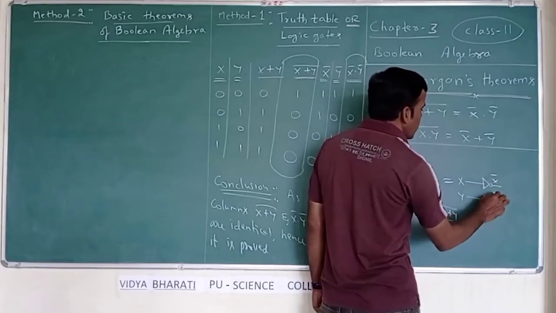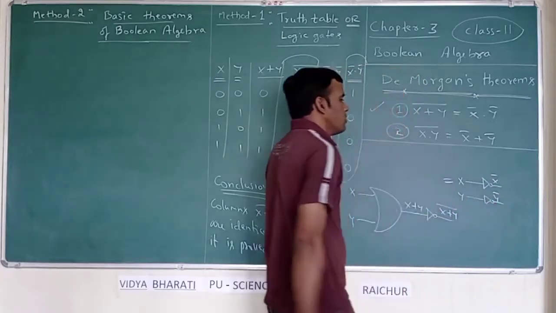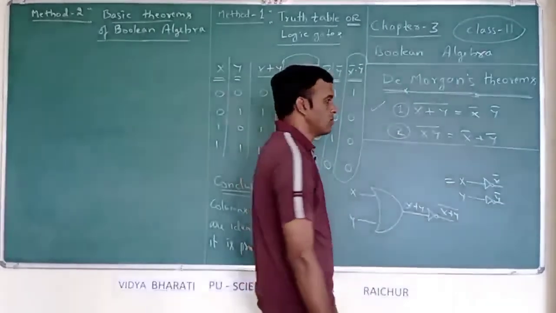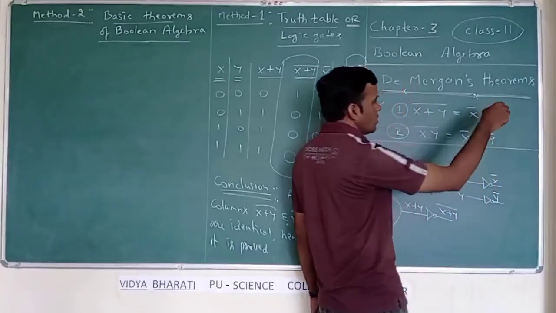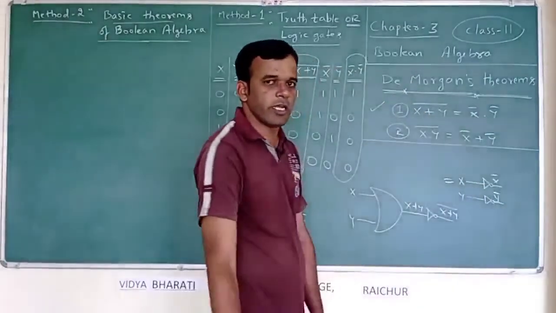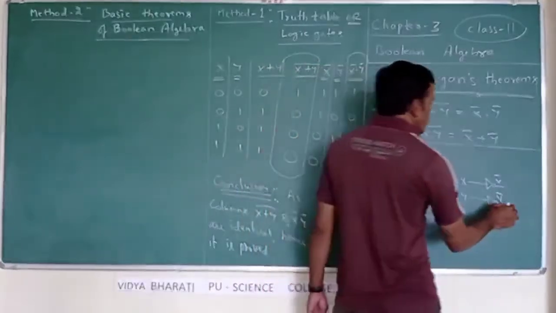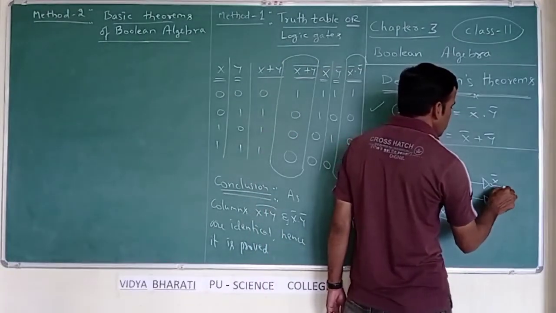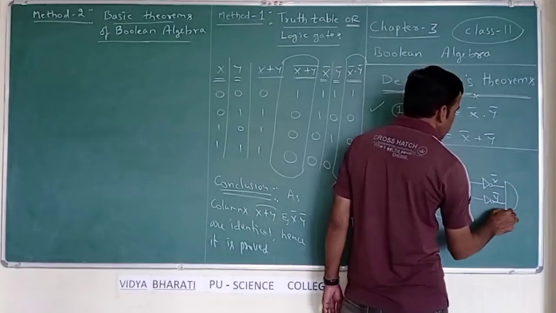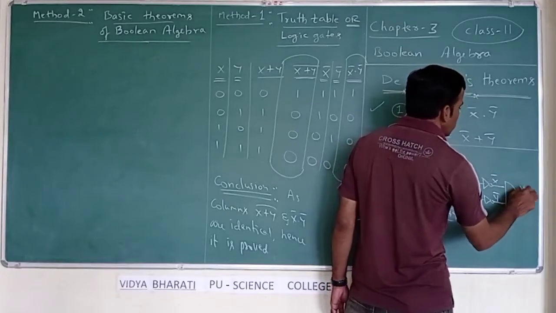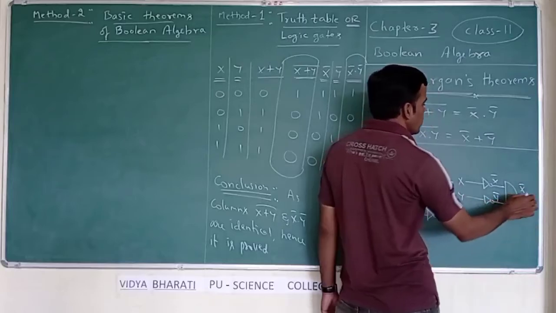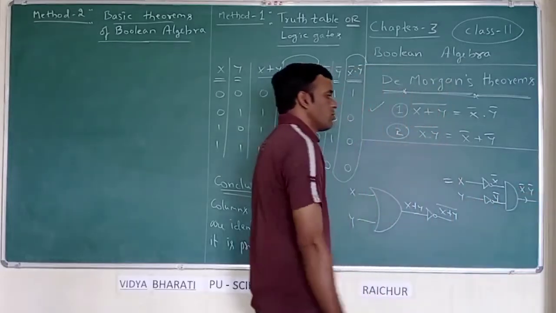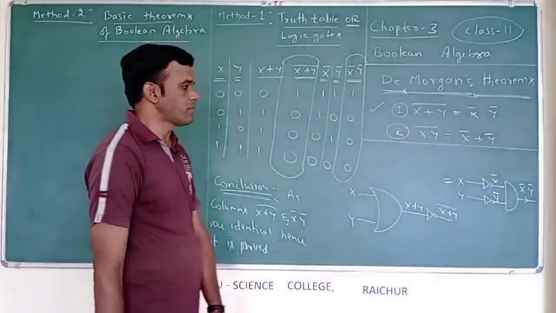So here they are x and y, in complement form, x bar and y bar. Then it is about the dot, or if nothing is there, it is an AND gate, the AND operation. Here the output is x bar on one side, AND gate means dot, and on the other side it is y bar: x bar, y bar.